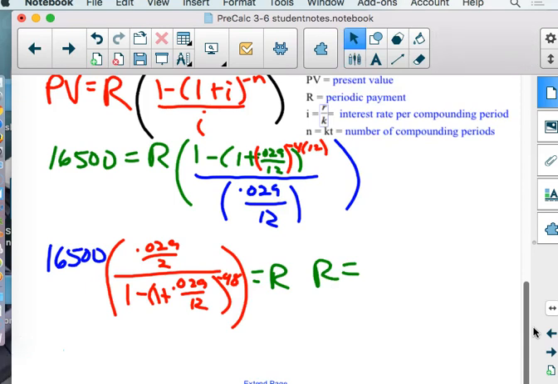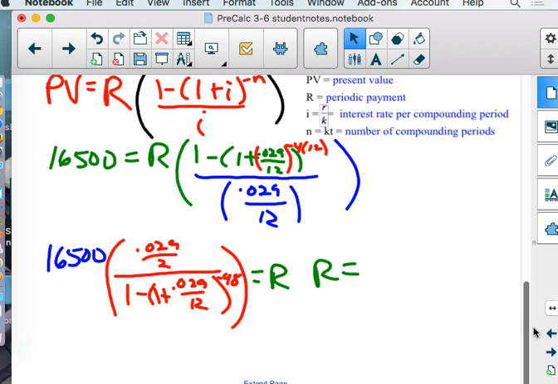So we start with the innermost parentheses, which are going to be right up here. 0.029 divided by 12. Add a 1. Raise to the negative 48 power. Take 1 minus that answer.